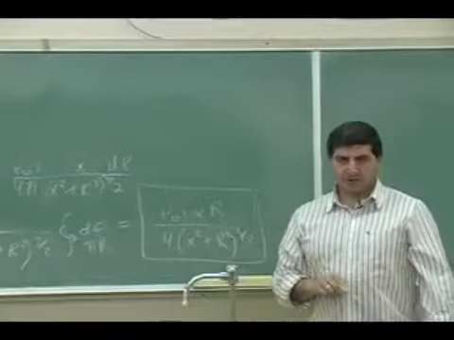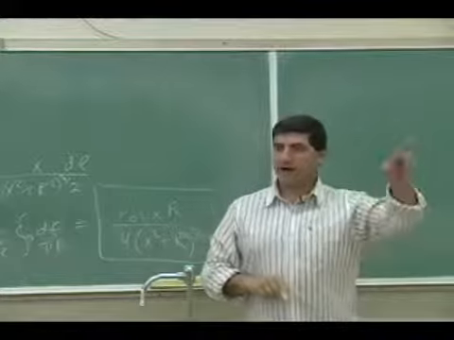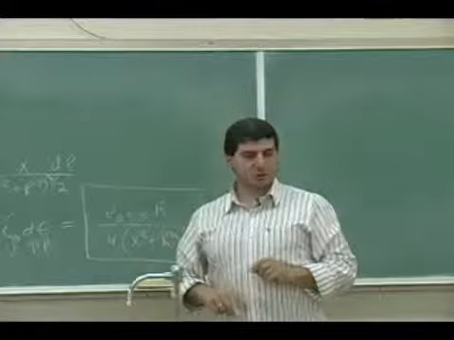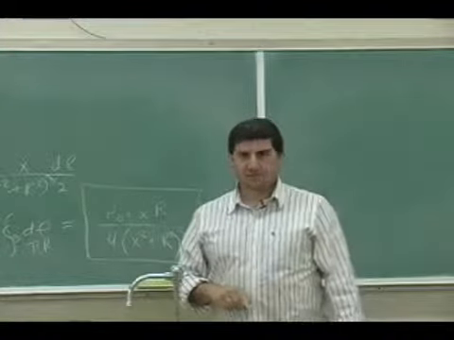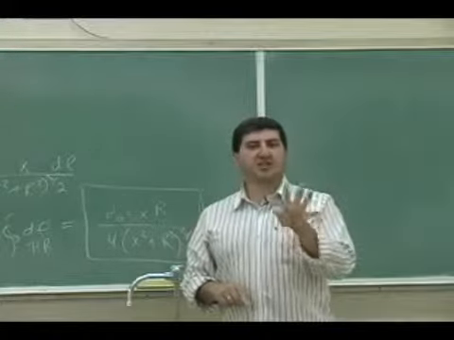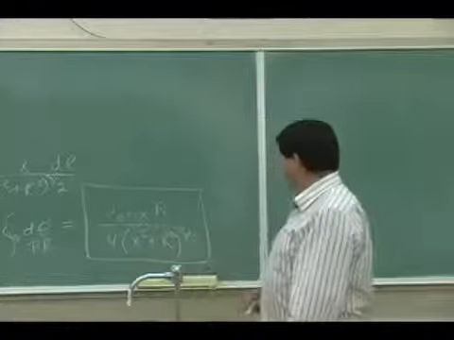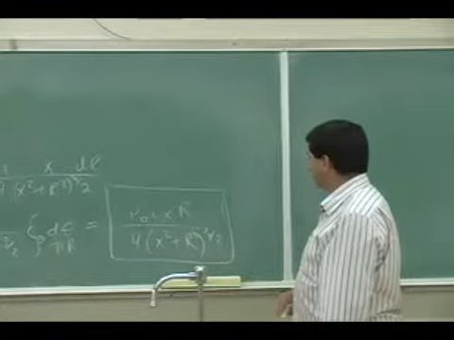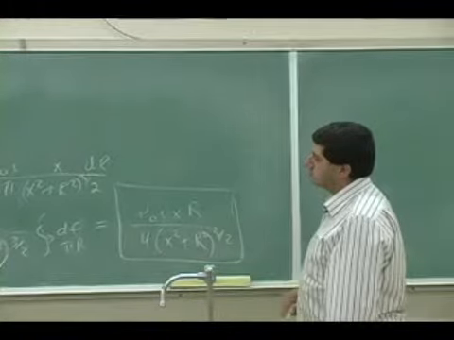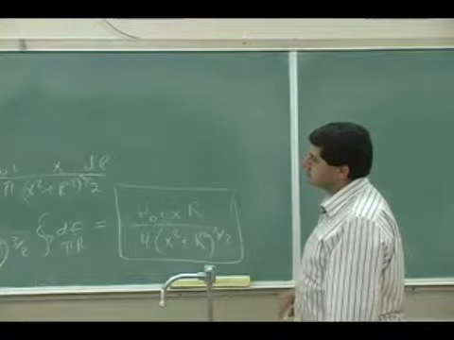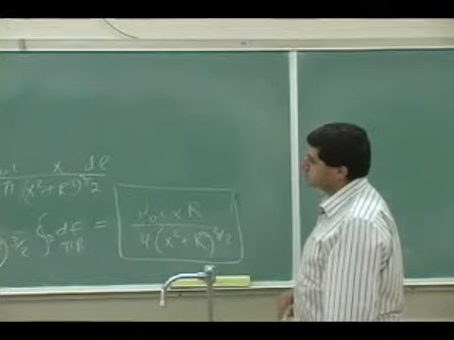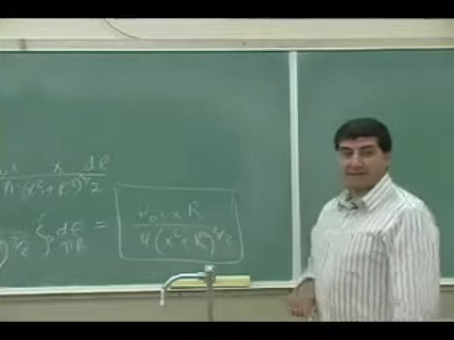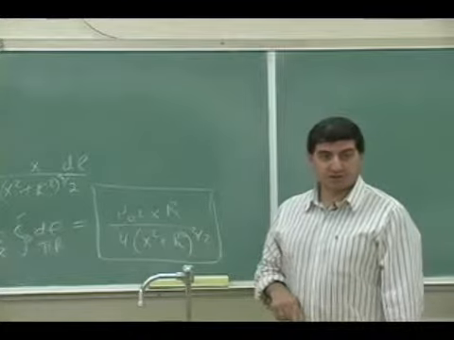This is the magnetic field of a whole wire at a certain distance x from its central axis. Okay, if we did the process correctly, what should the magnetic field come out to be when I put x equals 0?